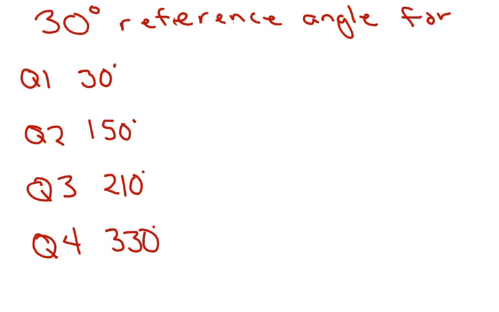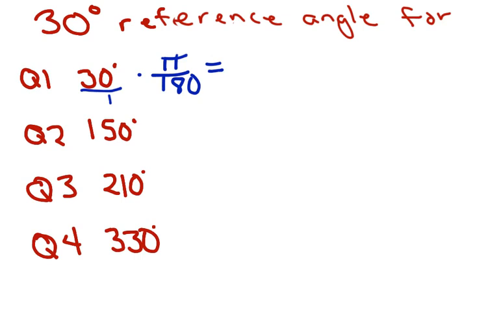So we're just going to convert this to radians, and all of these we're just going to multiply by pi over 180. Now, instead of using a calculator, and basically this is over 1, by the way, instead of doing it normally, what we're going to do is say how many 30 degrees are in 180 degrees.